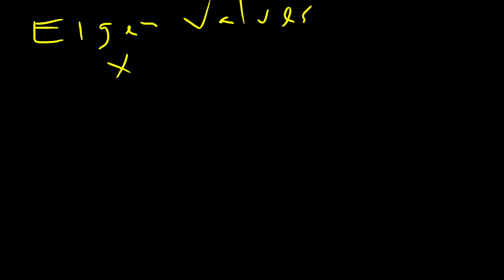So we work with the roots of this characteristic polynomial, which we normally call the eigenvalues, with lambda being the repeated root.